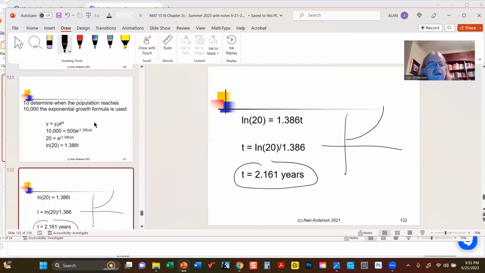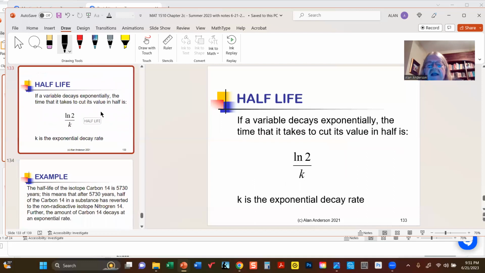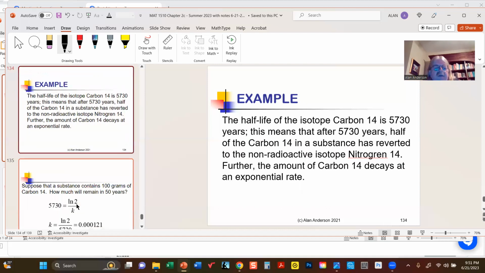Okay. And then the opposite of that, the half-life, we can do the same thing with that same formula. If the variable decays exponentially, the time that it takes to cut its value in half is the natural log of 2 over k. So here's an example everybody's familiar with. The half-life of the isotope carbon-14 is 5730 years.